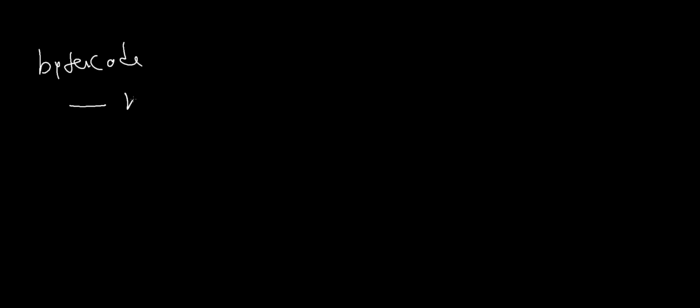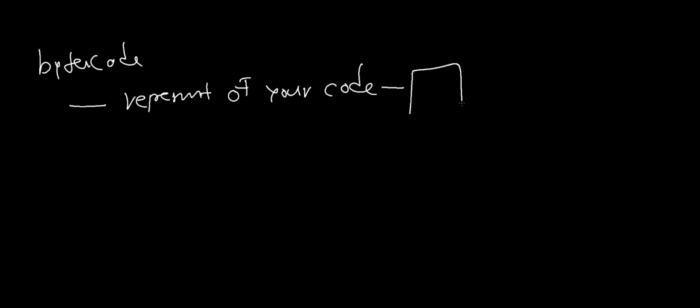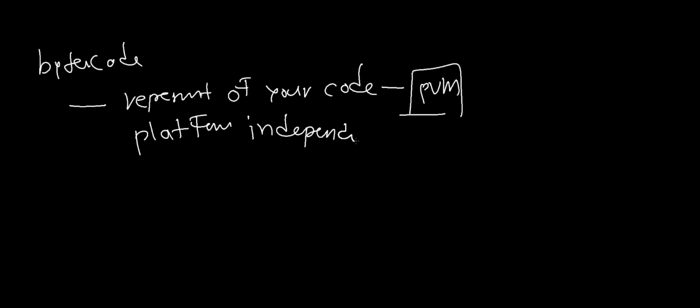Bytecode is just a representation of your code and understandable by that virtual machine. So it is platform independent. It is understandable by the Python virtual machine which is installed on your computer.